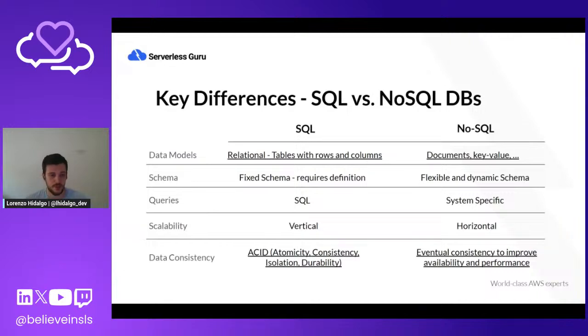So from all the differences that I just mentioned, the more important ones to take into consideration are data models: SQL is relational, NoSQL is documents or key values. And data consistency: SQL can provide data consistency, and NoSQL databases won't be able to provide it. They will only provide eventual consistency.